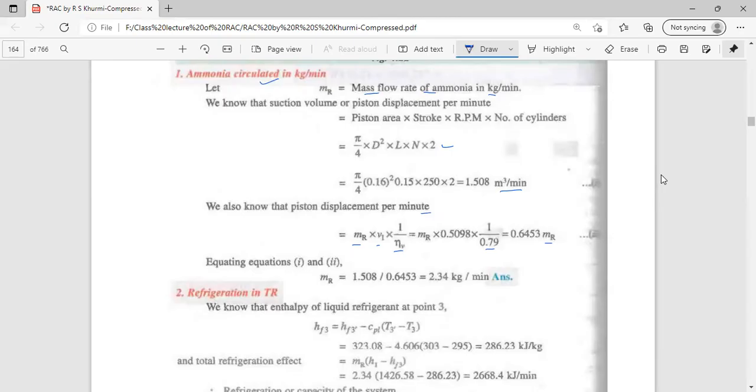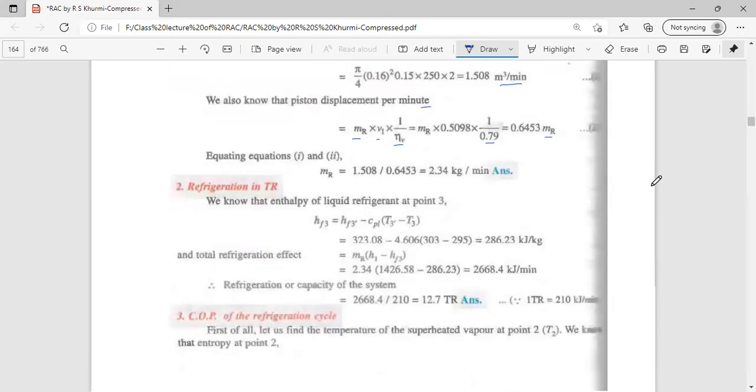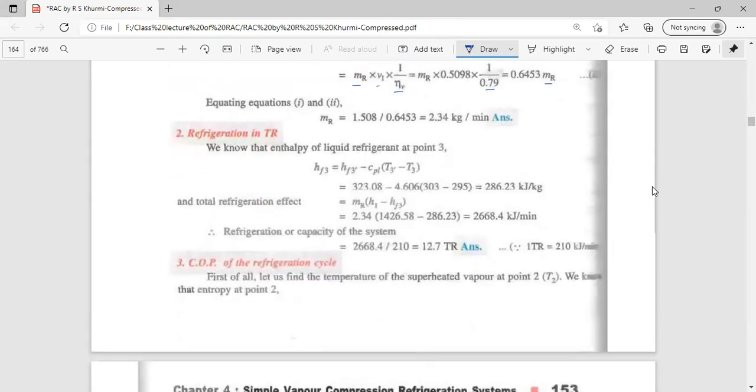The refrigeration in tonnage: what will be the refrigeration in ton or TR? We know the enthalpy of the liquid refrigerant at point 3, at the inlet of the throttling valve, is HF3, which is equal to HF3 dash, the enthalpy at point 3 dash, the outlet of the condenser, minus the enthalpy lost during the process T3 to T3 dash, which is not an isothermal process.